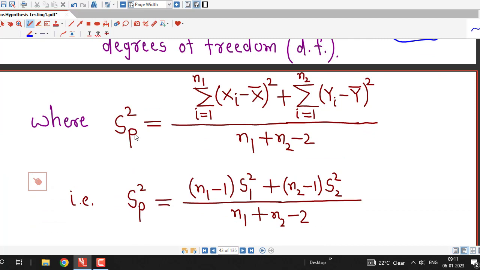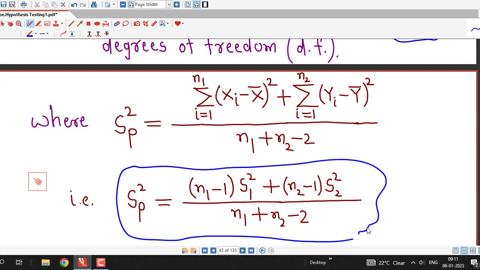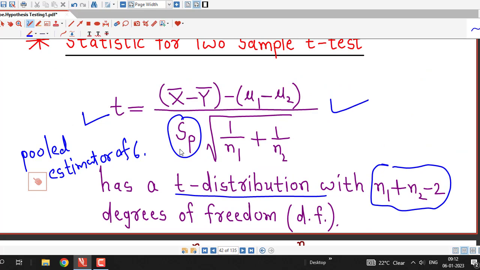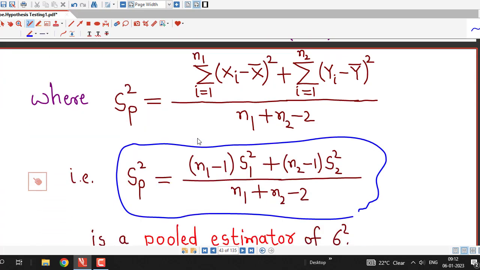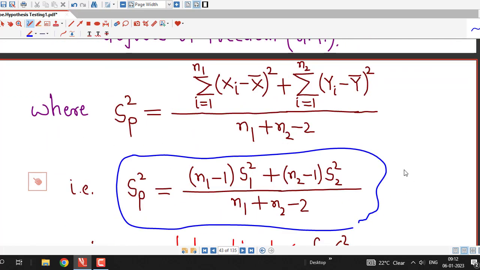and it is given by these formulas. Sp square equal to sigma xi minus x bar square plus sigma yi minus y bar square divided by n1 plus n2 minus 2, and another form is n1 minus 1 s1 square plus n2 minus 1 s2 square divided by n1 plus n2 minus 2. We will first calculate this pooled variance and then we will calculate value of t statistic. Here we will require this value of s suffix p, and if you are directly given values of these sample variances s1 and s2, then you can use this formula.